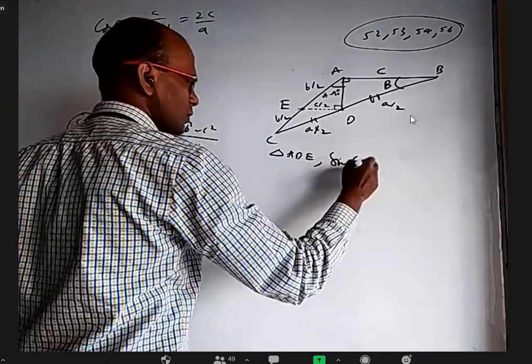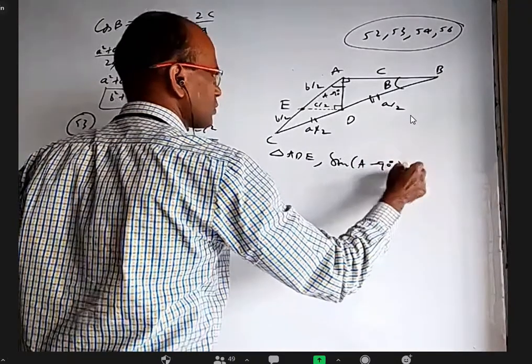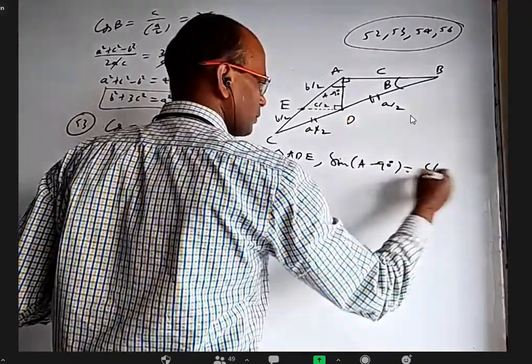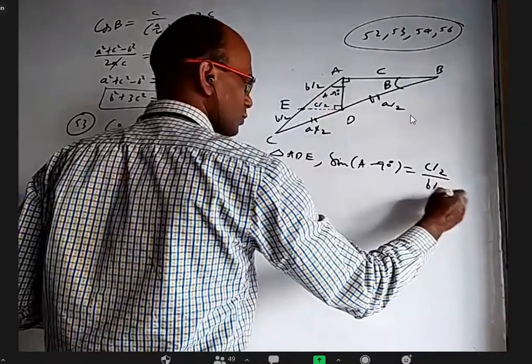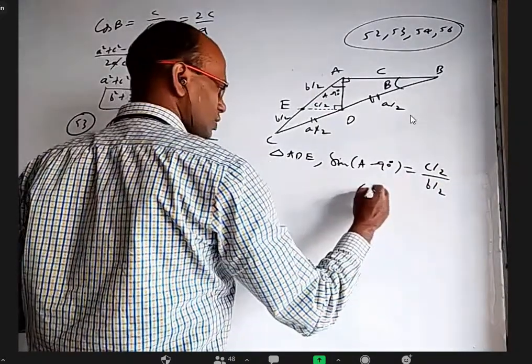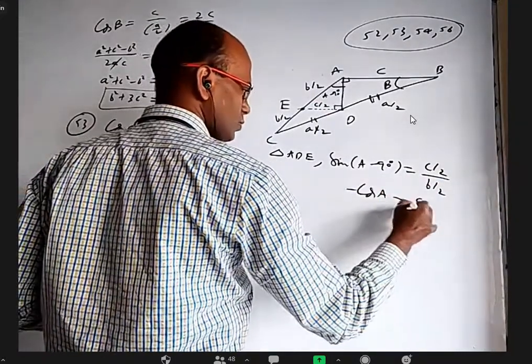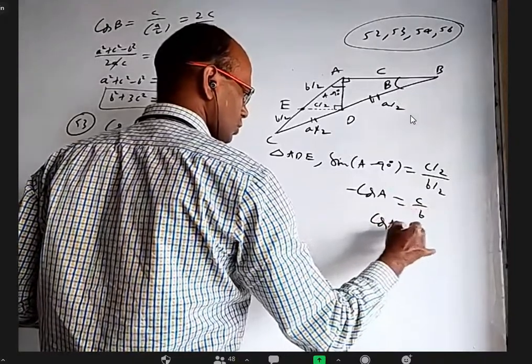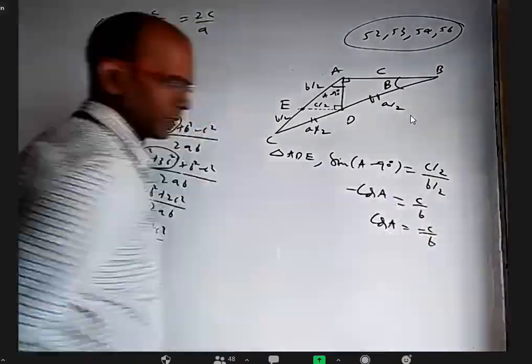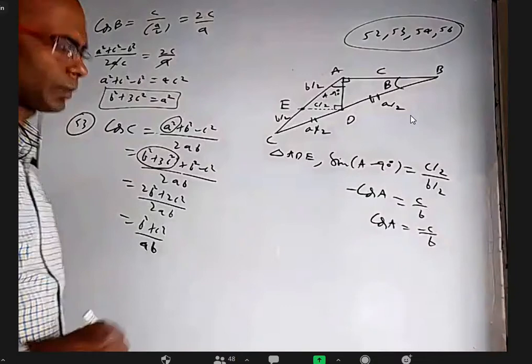Let me see what happens. Sine of A minus 90 degrees equals opposite side C by 2 over hypotenuse B by 2. So I'm going to get minus cos A equal to C by B. So cos A is minus C by B, some other result also if required.